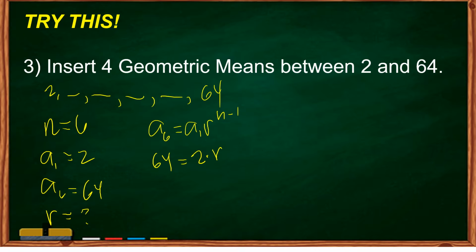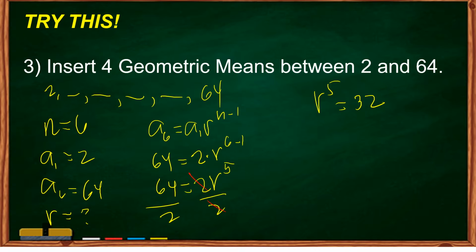And then n is 6, so 6 minus 1. Then we have 64 equals 2 times r raised to 5. But we can divide both sides by 2, and then we can cancel this. So therefore, r raised to 5 equals 64 divided by 2, which is 32.